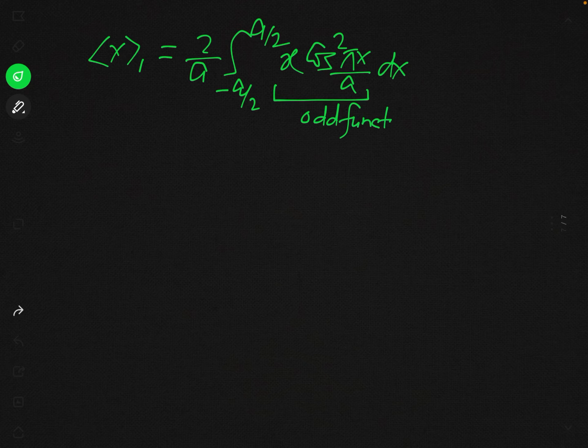If our integrand is an odd function and the limits are from minus a by 2 to plus a by 2, then you know from calculus that this integral will be simply 0. So we can write that the expectation value of x in the ground state is 2 over a into 0, and so this is equal to 0.